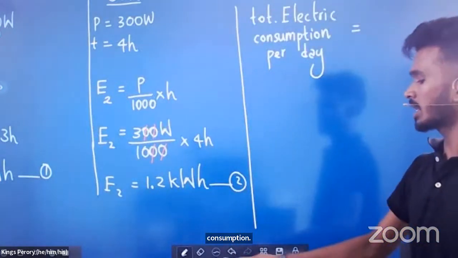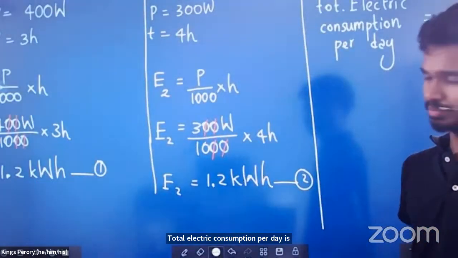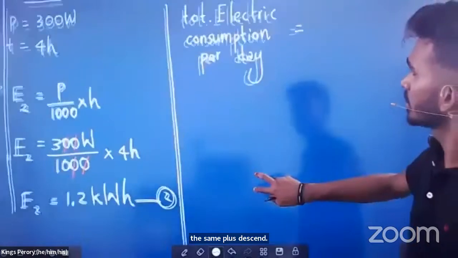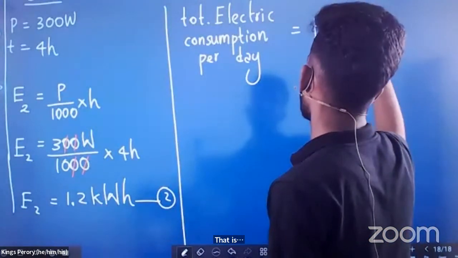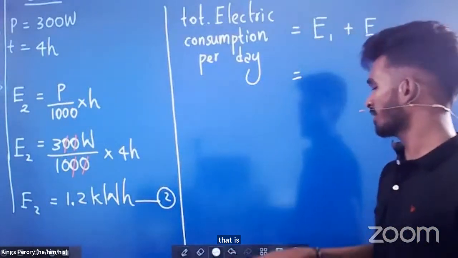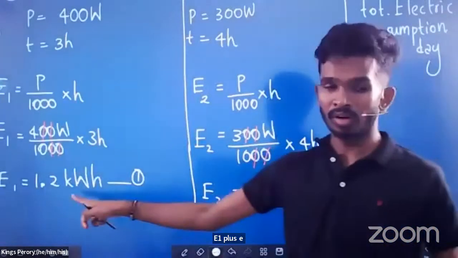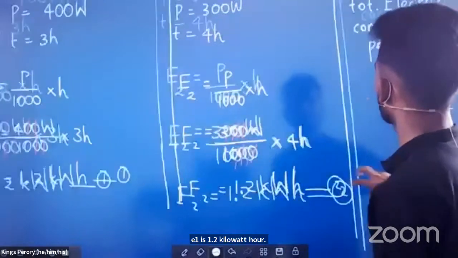Total electric consumption per day is this set plus this set. That is E1 plus E2. What is the E1 value there? E1 is 1.2 kilowatt hour. E2 is 1.2 kilowatt hour.